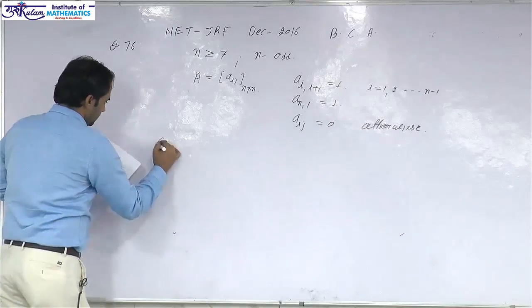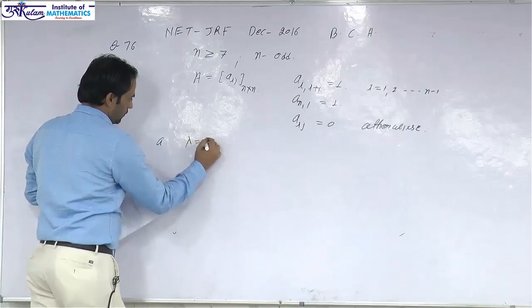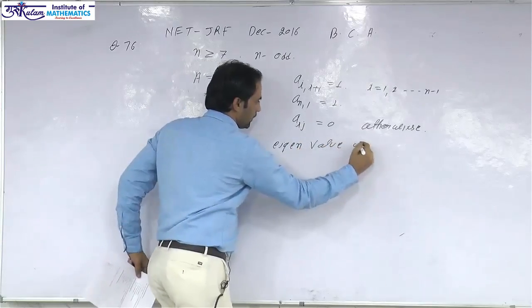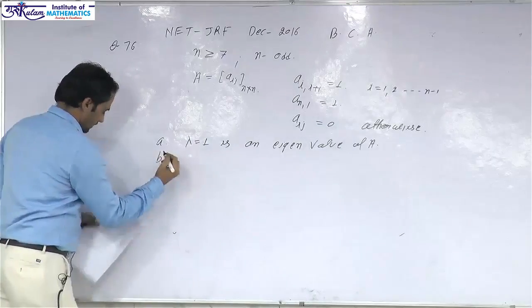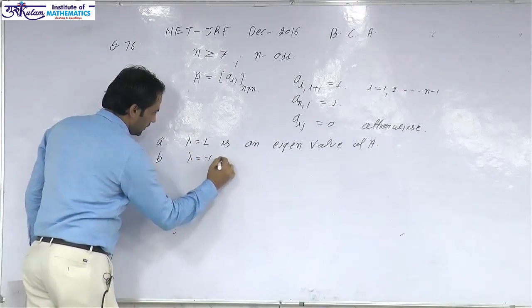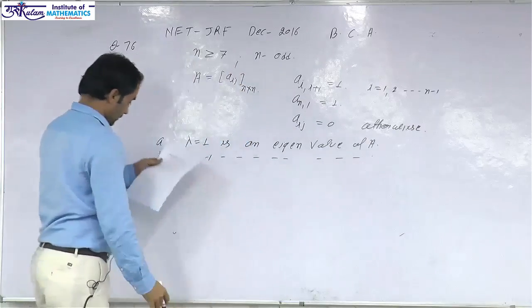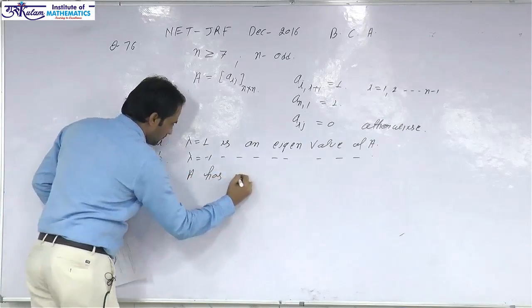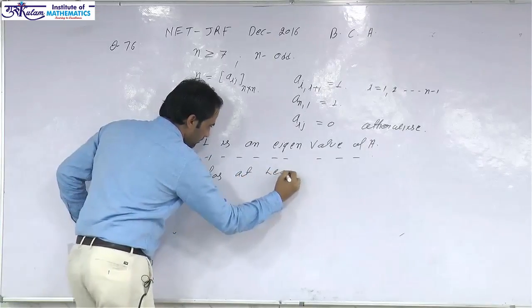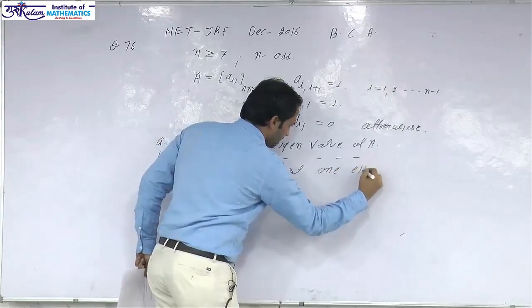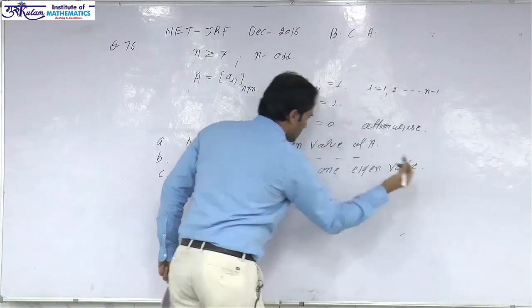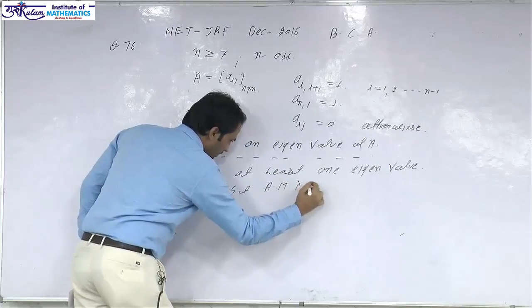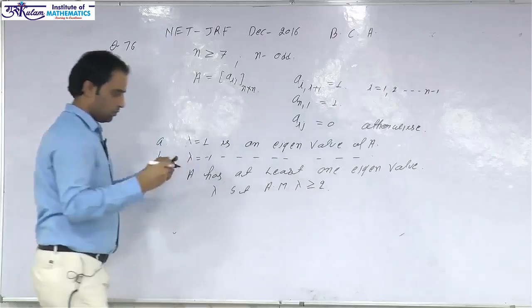The first option: lambda equal to 1 is an eigenvalue of A. The second option: lambda equal to minus 1 is an eigenvalue of A. The third option: A has at least one eigenvalue, say lambda, such that the algebraic multiplicity of lambda is greater than or equal to 2.